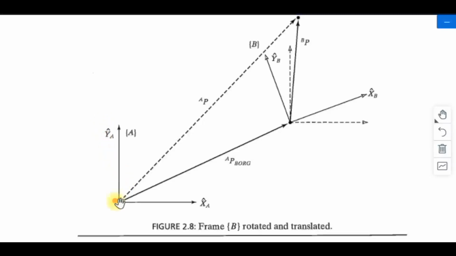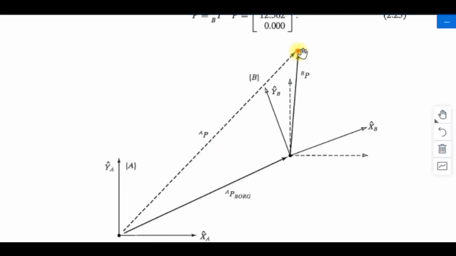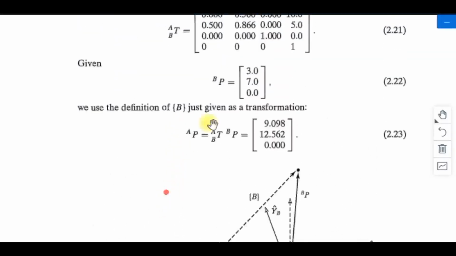Now you represent a point P. So this is B P, and this axis is X B, and this is Y B. So how do you represent the point P with respect to A?